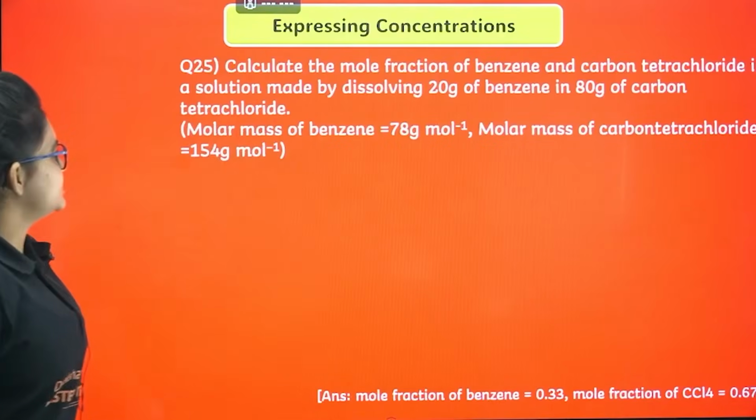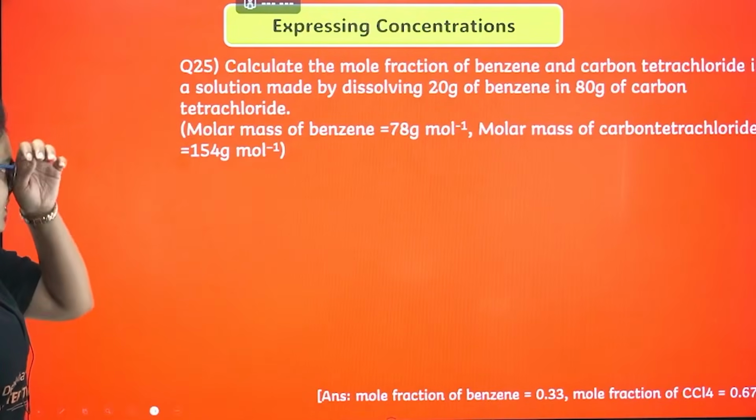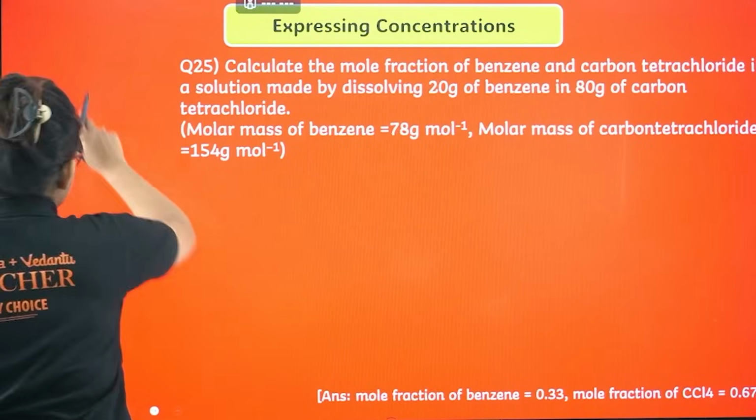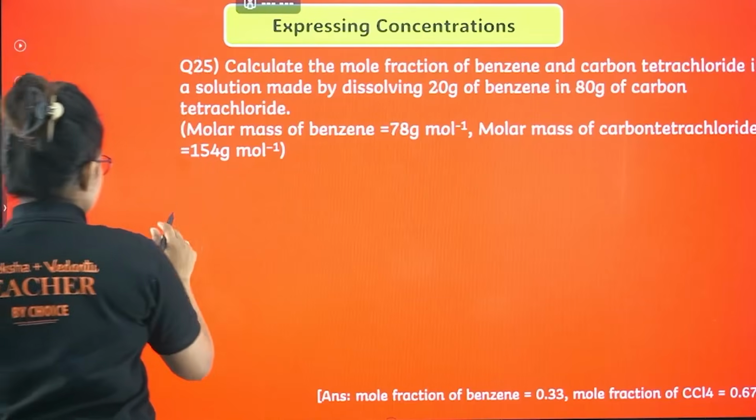Here you can see the first question: calculate the mole fraction of benzene and carbon tetrachloride in a solution made by dissolving 20 gram of benzene in 80 gram of carbon tetrachloride. Okay, let's do it. So number of moles of benzene, let's calculate at first.